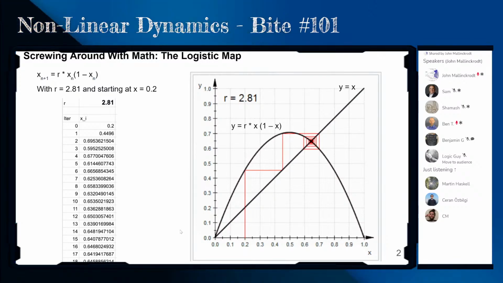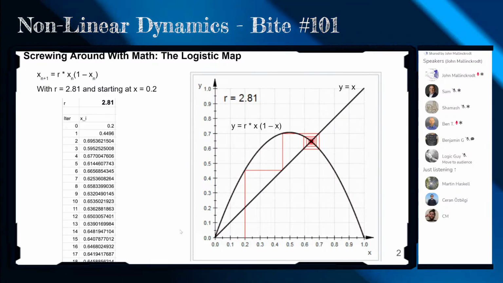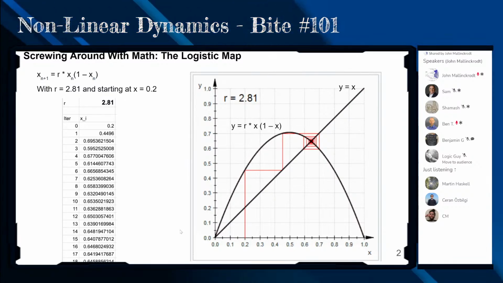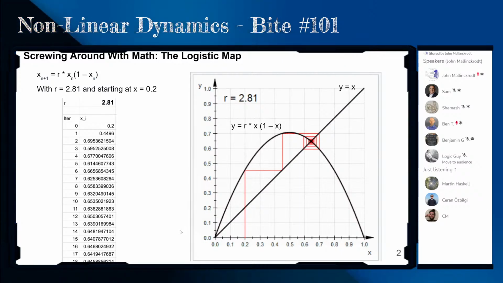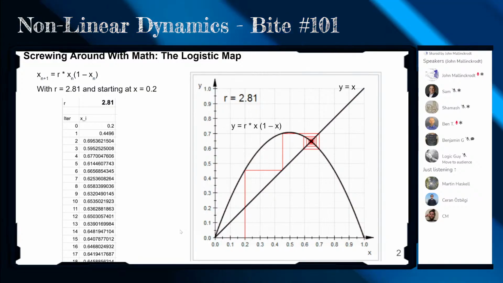So I should just start off with a little fun math here. If you just start on page two, I'm showing what's called the logistic map. It's a simple function. You take a number between 0 and 1, I should say, and you multiply that number by 1 minus that number, and then you multiply by some arbitrary parameter that is called r here.